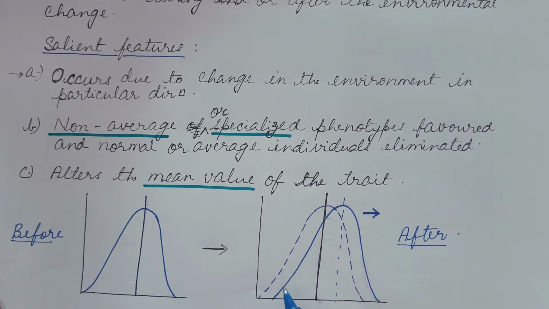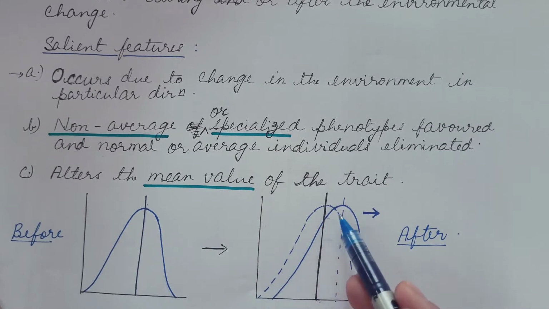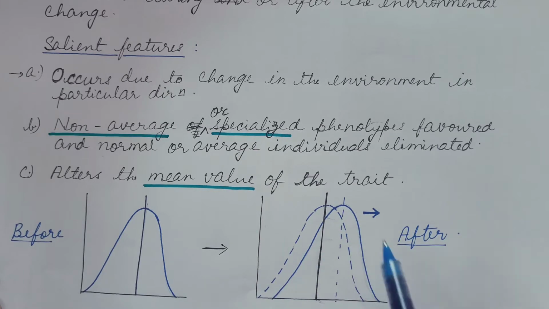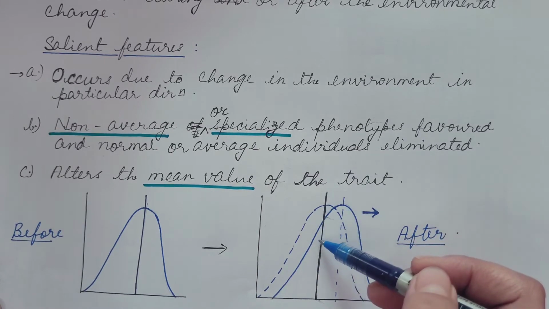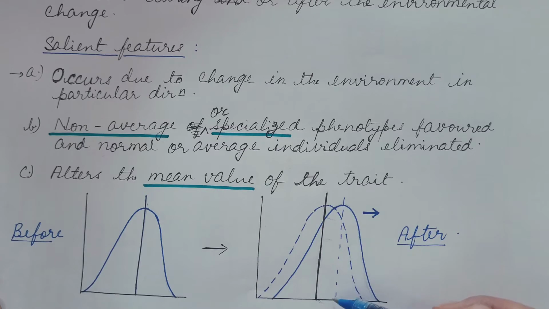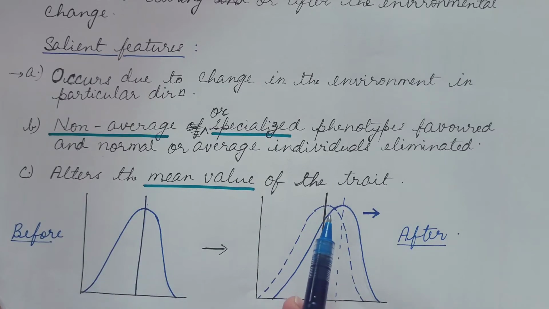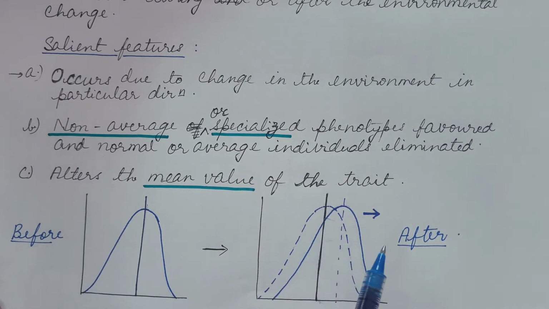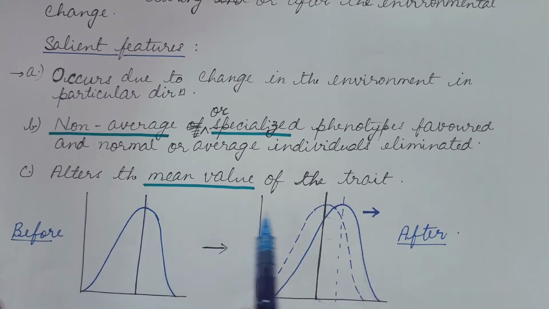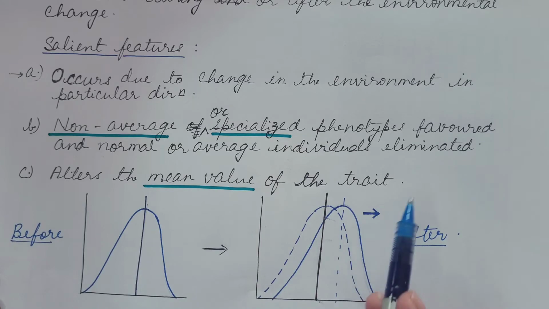So individual towards one end, these are eliminated and these are added towards the other end. So the graph has shifted from here to here. Hence the mean value has also shifted from here to here. So we can say that it alters the mean value of the trait and the population shifts in one direction.